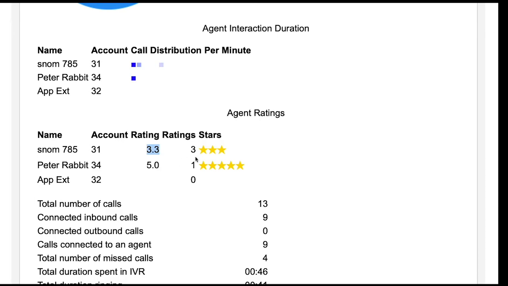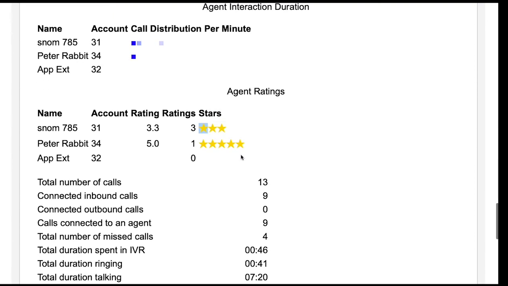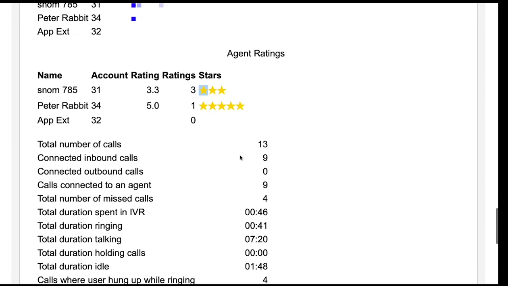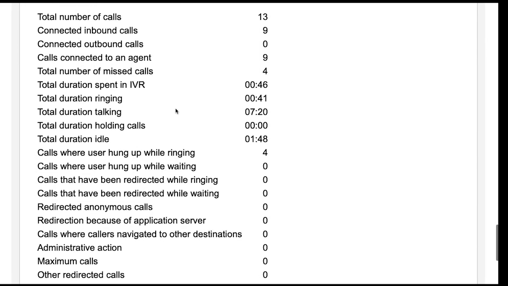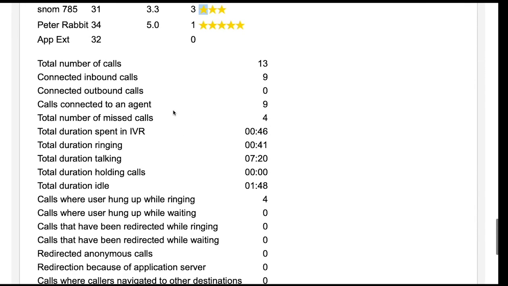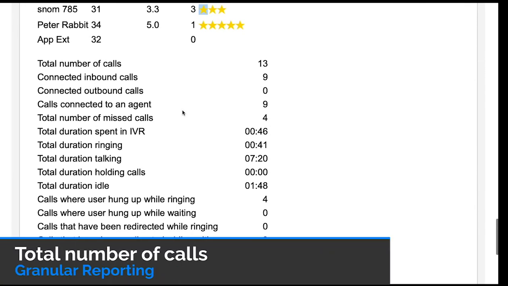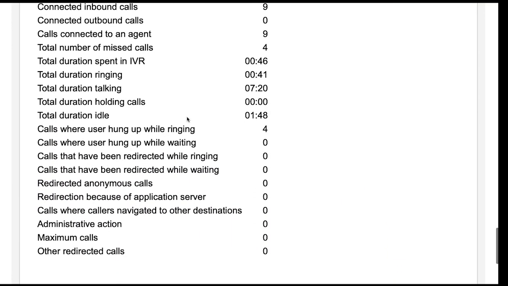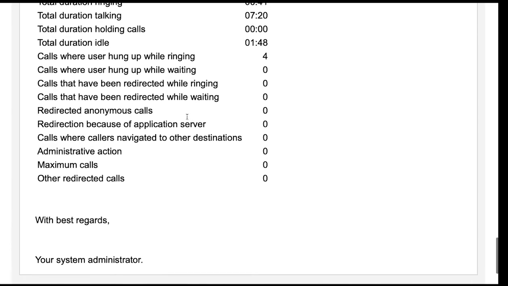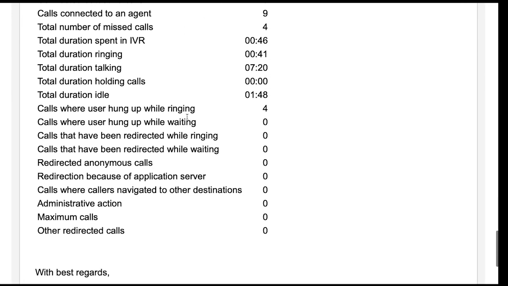And then as an illustration, we give the number of stars as a little picture. At the end of that email, we have what we had before. We included the raw numbers, how many calls, how many inbound connected calls, how many outbound connected calls, and so on. Just the raw numbers, pretty much like we had before, and the reasons why callers were leaving the queue.